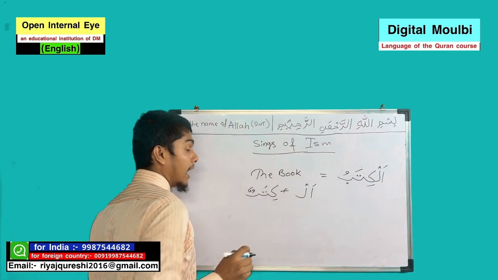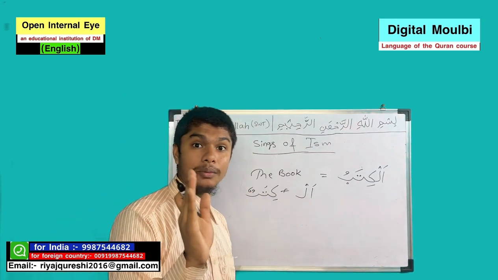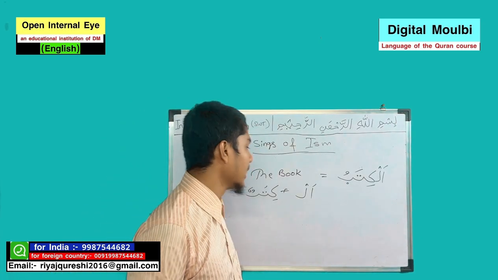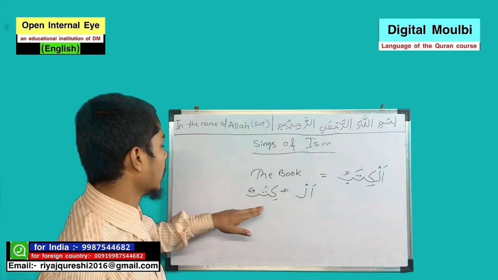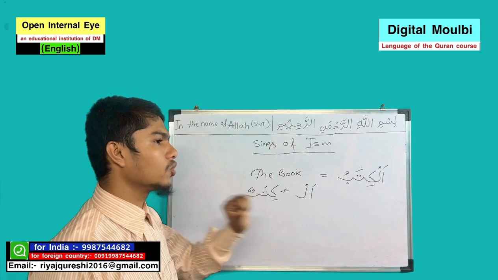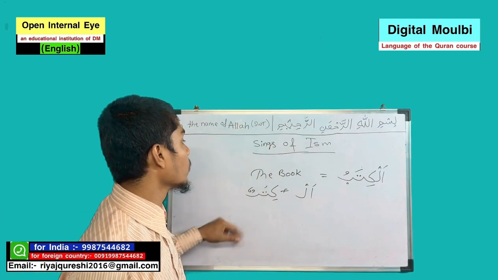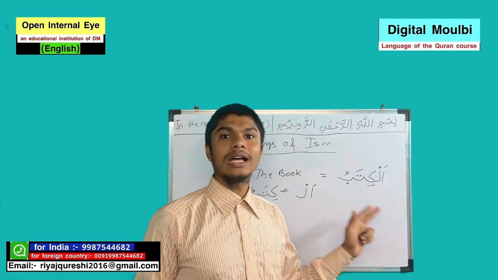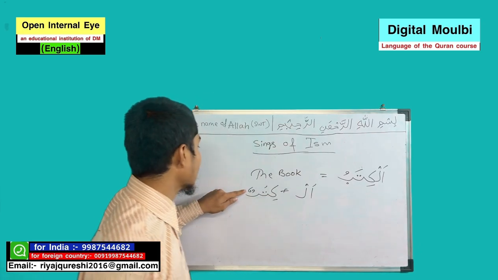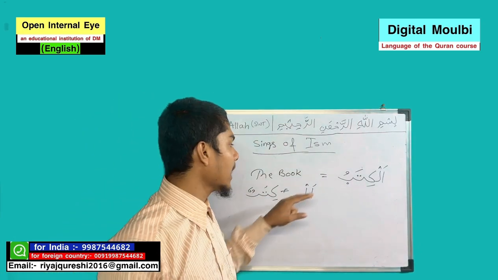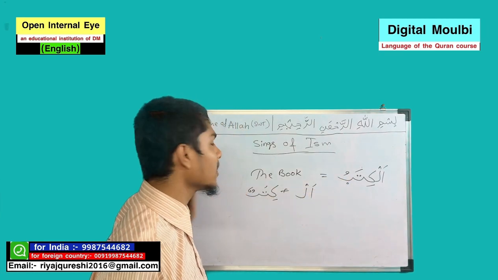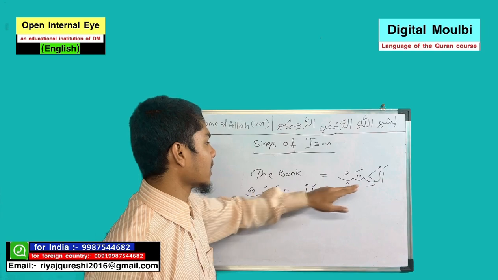And one more thing you have to remember: normally a word is written like kitabun with do jabar, do pesh or do zer. But when alif lam comes in the beginning of the word, the tanween goes away and becomes a single harakat, like al-kitabu.